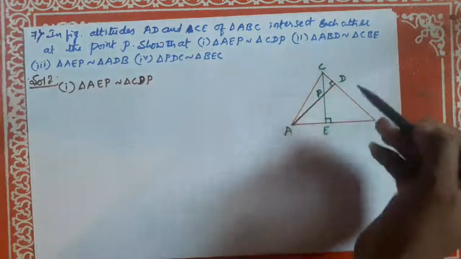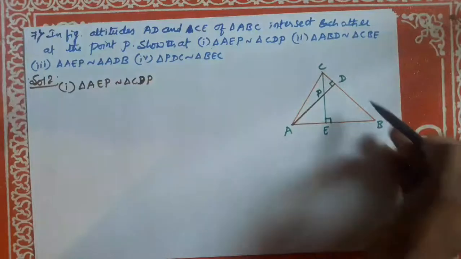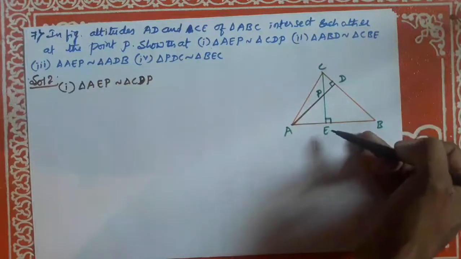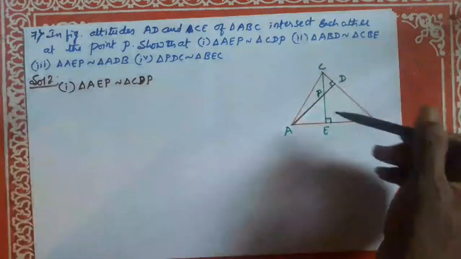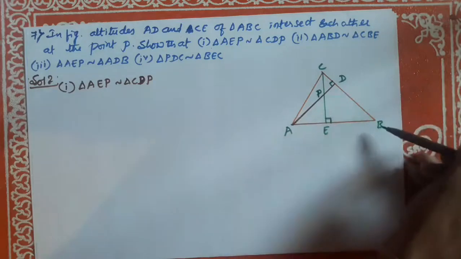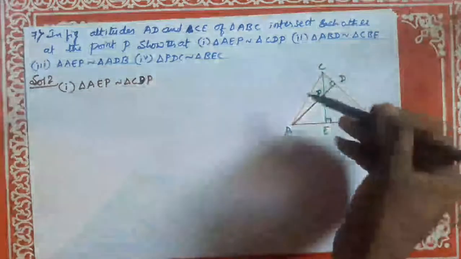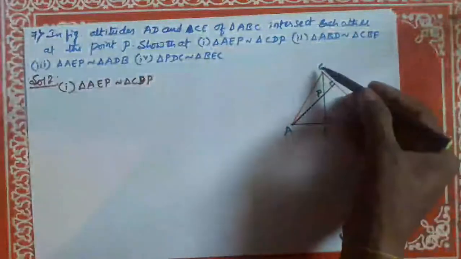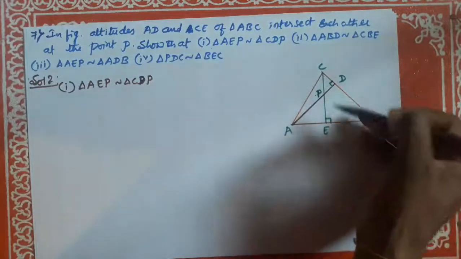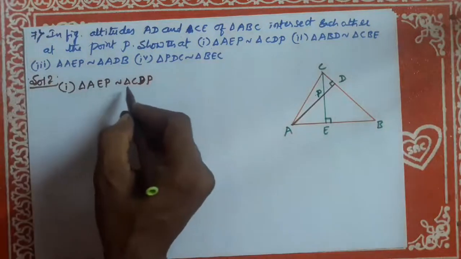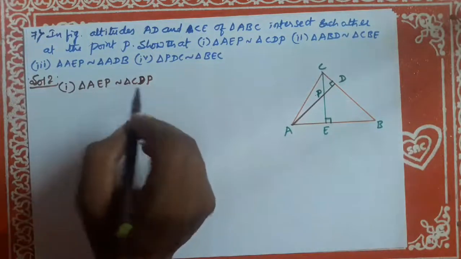Second, triangle ABD is similar to triangle CBE. Third, triangle AEP is similar to triangle ADB. And fourth, triangle PDC is similar to triangle BEC. Let us see the first one.